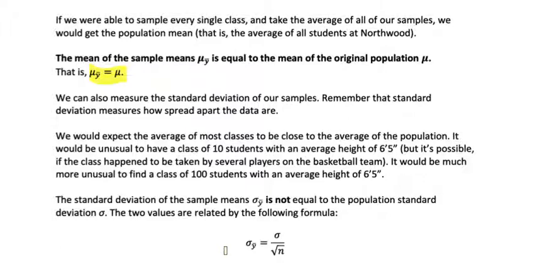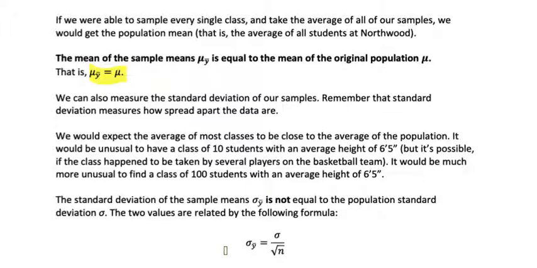It would be more unusual to find a class of 100 students with an average height of 6'5". That would require you to have a lot of really tall people that happen to be taking the same class, and it would be much more unlikely than having a class of 10 students. So as your sample size increases, your odds of getting something that's far away from the mean decreases.